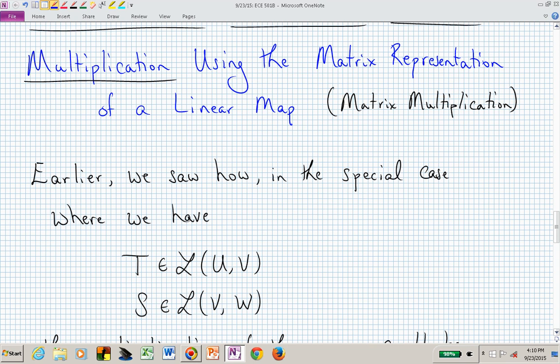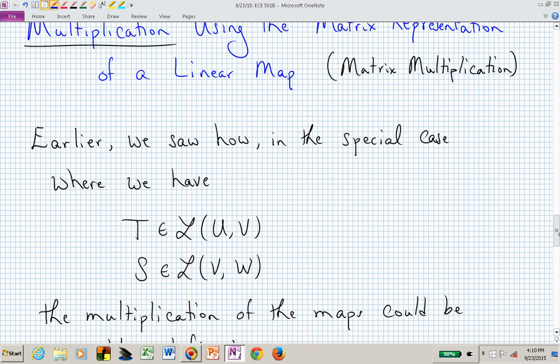Multiplication using the matrix representation, that's the script M of the linear map T, from, let's say, vector space V to vector space W. Sometimes it makes sense, or it's possible, to concatenate these operations or perform them one after another.